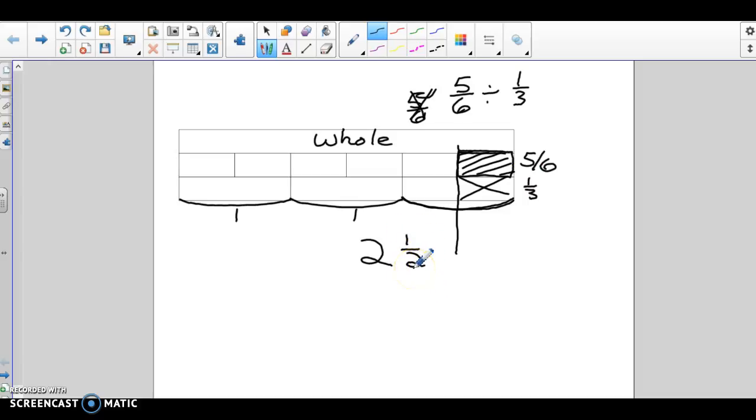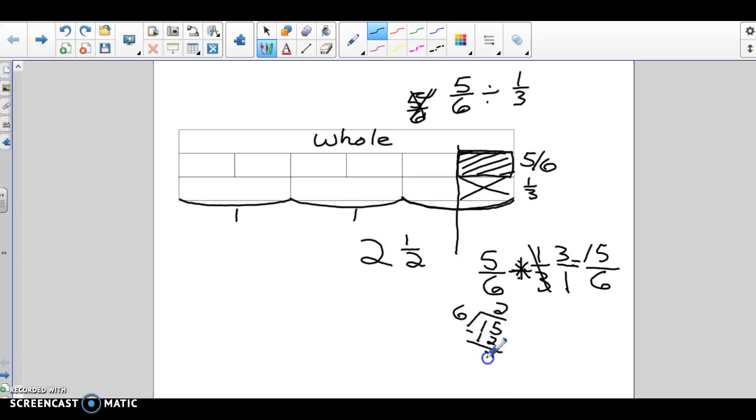Now, if you think you got it wrong, go back and let's do the algorithm of it, which many of the students are saying is ridiculously easy. You flip the second and multiply. 5 times 3 is 15, and 6 times 1 is 6. And I know that 15 divided by 6 is 2, since 2 times 6 is 12.